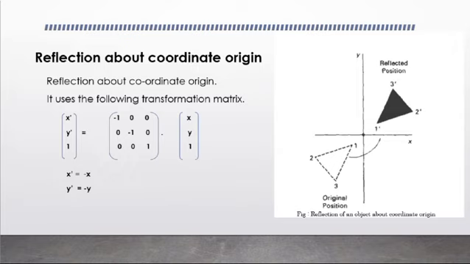That is, x' equal to minus x, y' equal to minus y. Here is the figure for reflection about coordinate origin. By observing the figure, we can see that both the x and y values become negative.